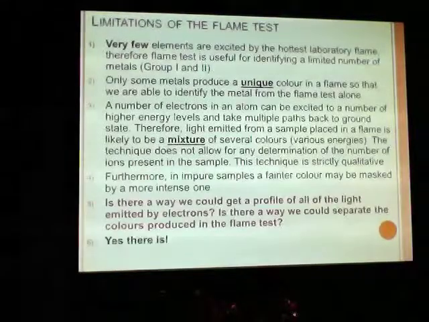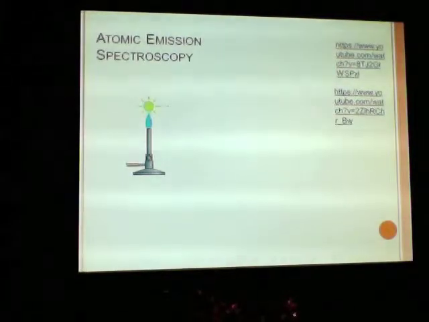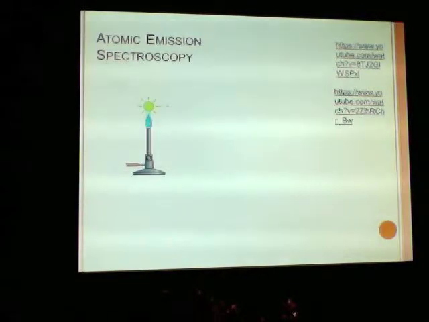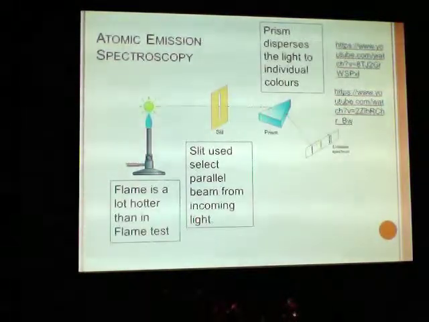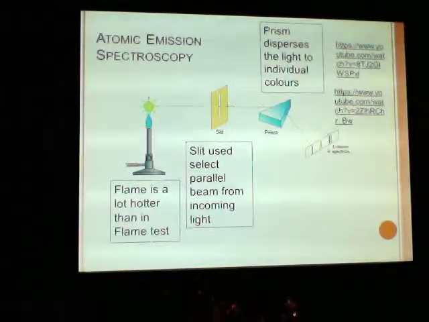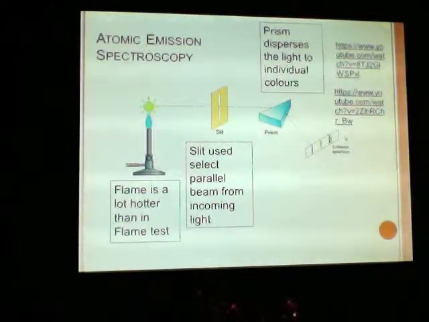Now, it's a little bit of a different setup to AES, where we have a light that's emitting a wavelength to excite electrons. In AES, we don't have a light. We just have our metal, and we've just popped it in the flame, and all we want to see is, after the electrons are excited, what type of light is released.